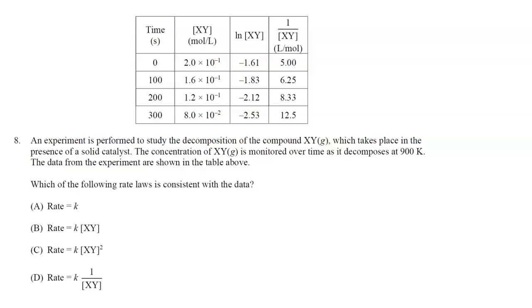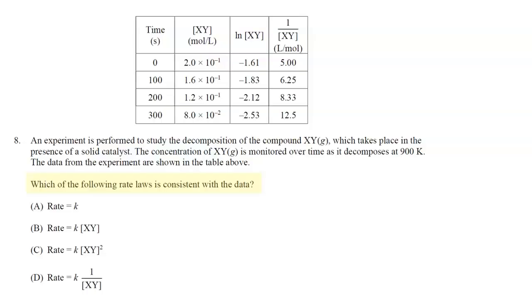The data from the experiment are shown in the table above. Which of the following rate laws is consistent with the data? So notice that we have time in the data table as well as concentration of XY, natural log of concentration of XY, and 1 over the concentration of XY.